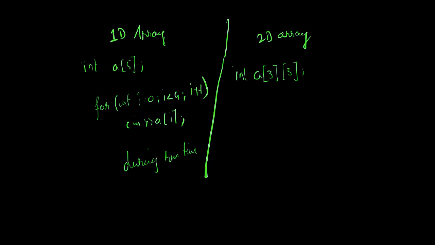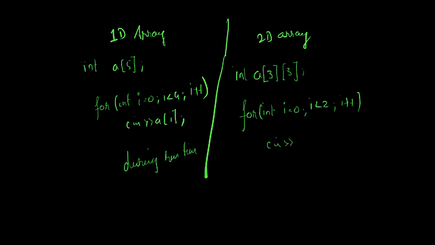Here with one dimension I used one for loop. In a two-dimensional array, I have two dimensions. One is for row and another one is for column. So I will be using two for loops, one after the other.